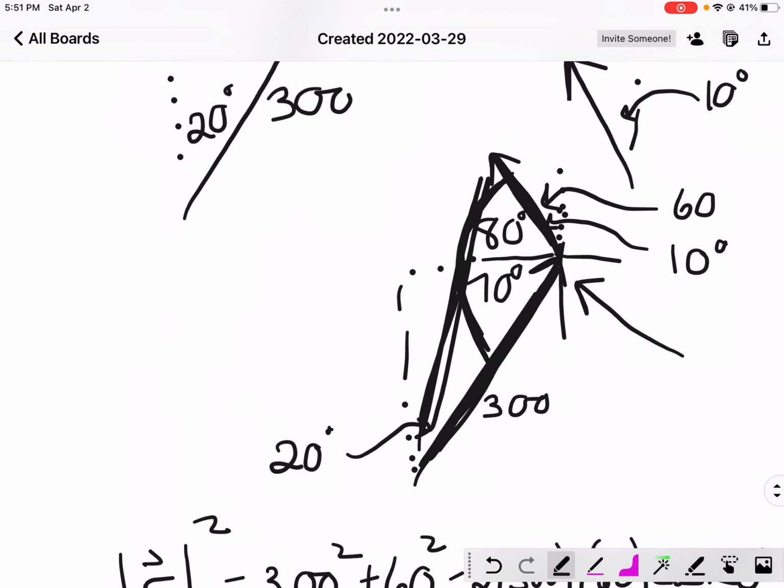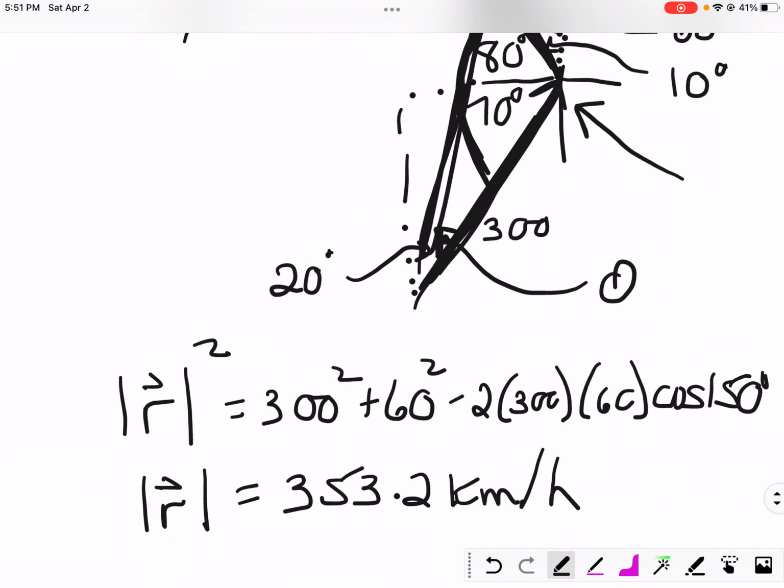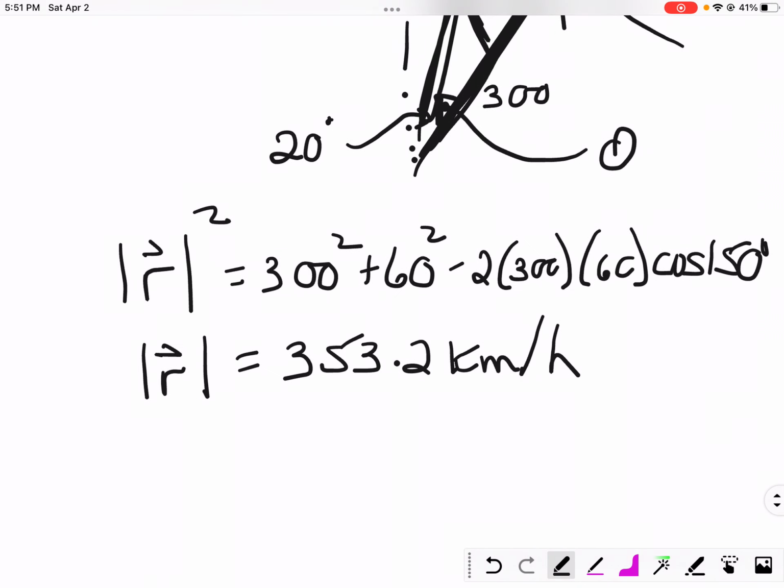Now, to find the angle, this is a little bit tricky. Inside there, in this triangle, let's call that theta. And you have to watch where it is, okay? I'm going to do law of sines now.